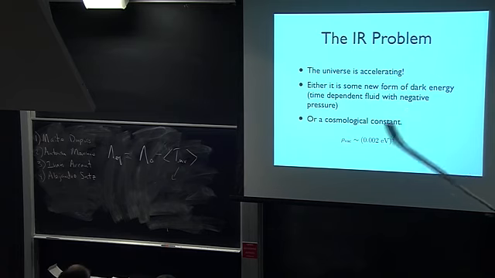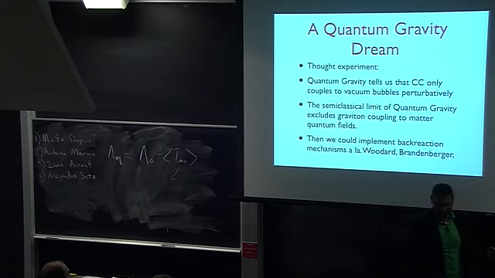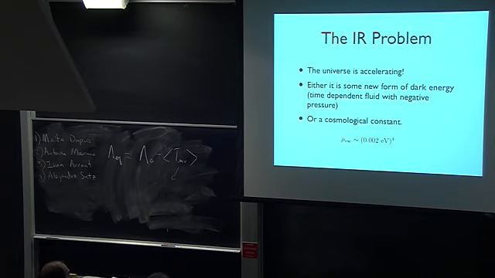Or, Occam's razor, it is actually a cosmological constant where the vacuum energy is 0.002 electron volt to the 4th power. And that's an infrared number. How infrared is it? Well, the most infrared thing we know of in the universe, and now I'm going to talk about a quantum gravity dream.